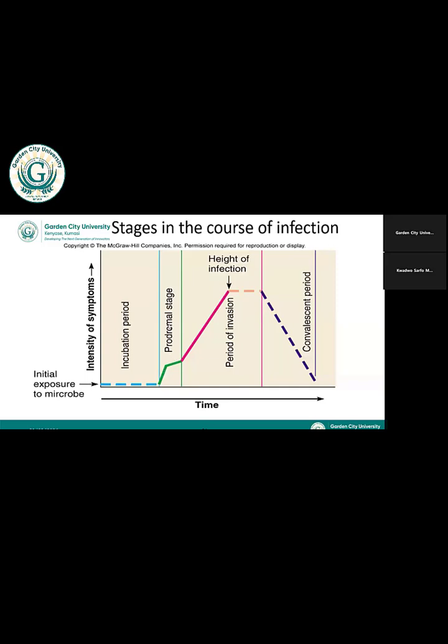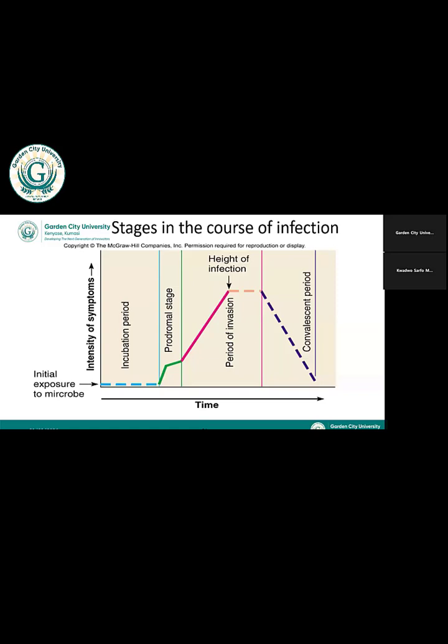Then it progresses to the prodromal stage, where the symptoms become more evident and the number of microorganisms also increase. Then it gets to the height of the infection, where symptoms and the signs become more visible and the condition becomes severe if not treated or managed properly.